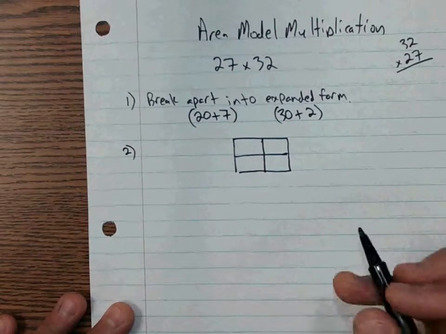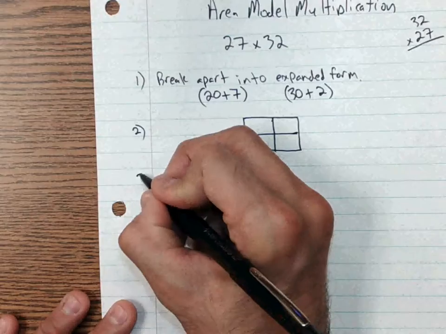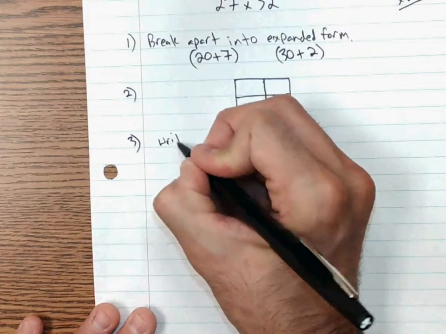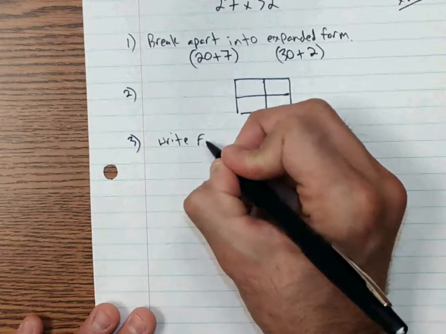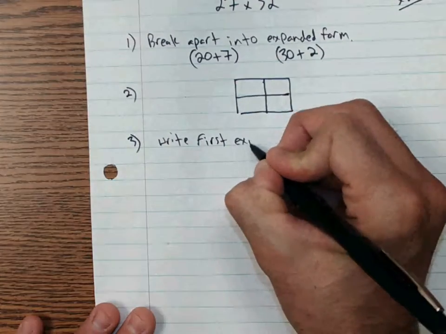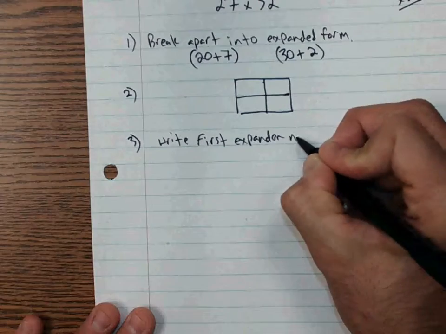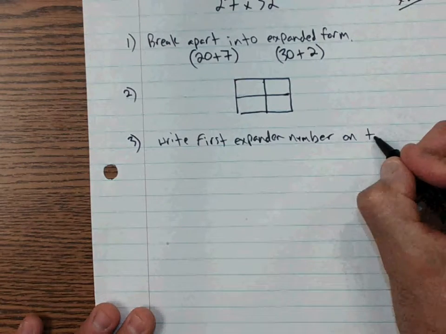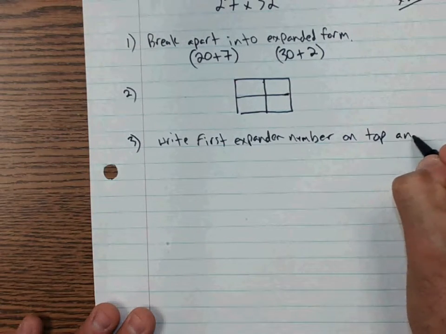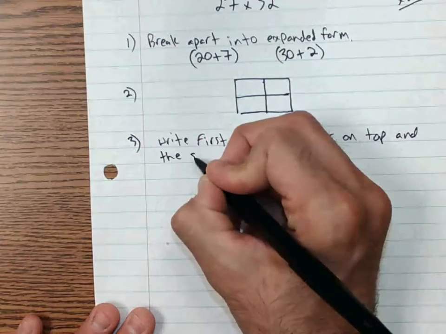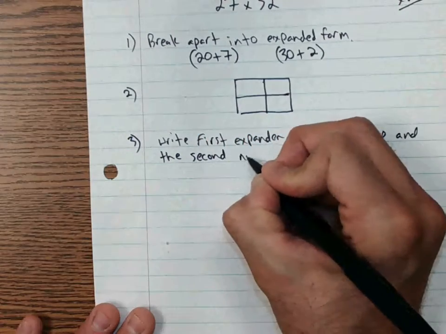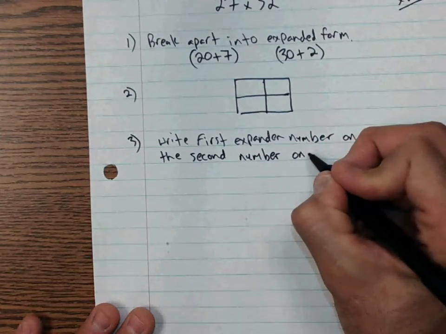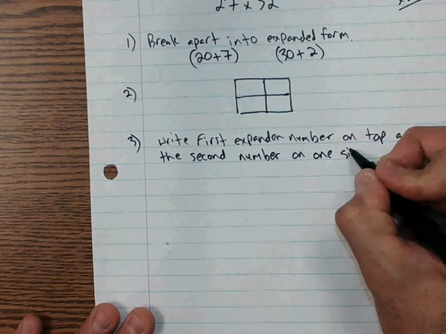The next thing you want to do is write the first expanded number on the top of your box, and the second on one of the sides, going vertical. So let me show you what that looks like.